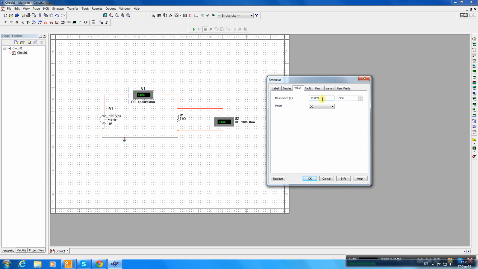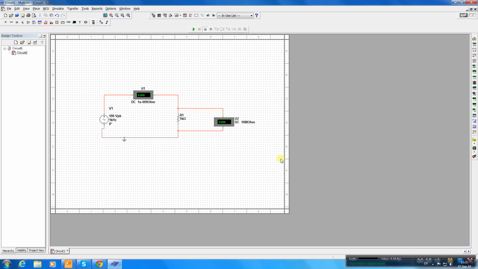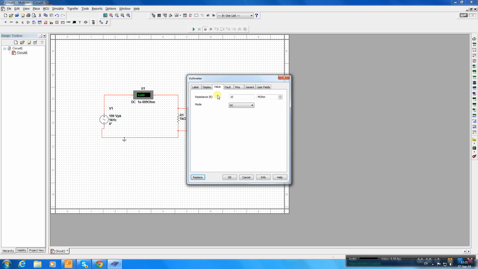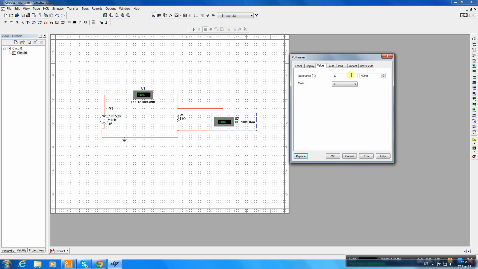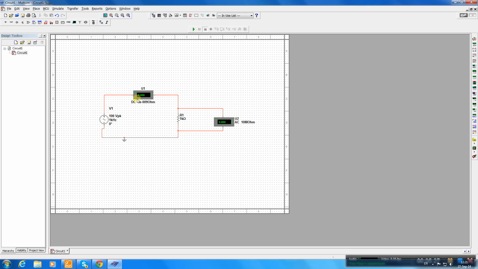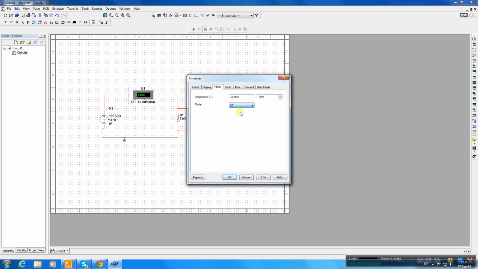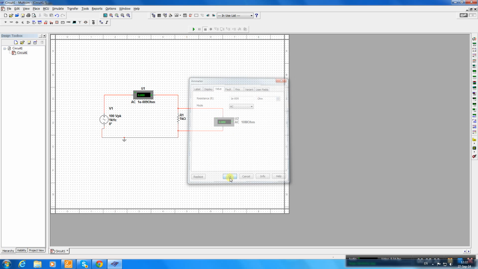If you don't know the answer, please check it using the internet, or just ask your question by email, or we will discuss it during our next lecture. In opposite, the internal resistance of a voltmeter should be as high as possible. AC mode, yes, exactly. As we have AC power, we should use AC mode.